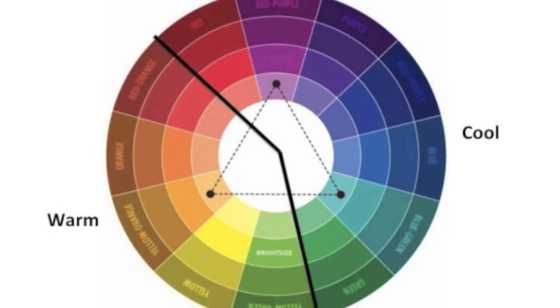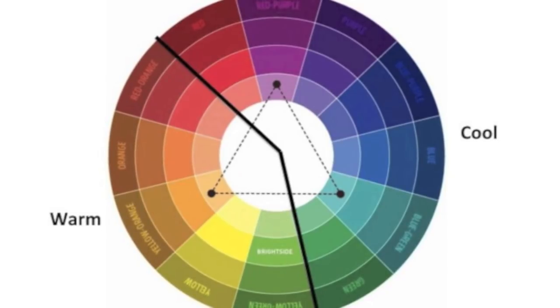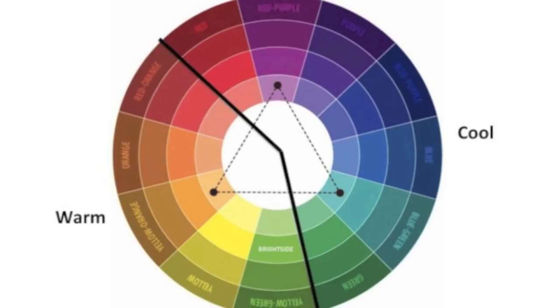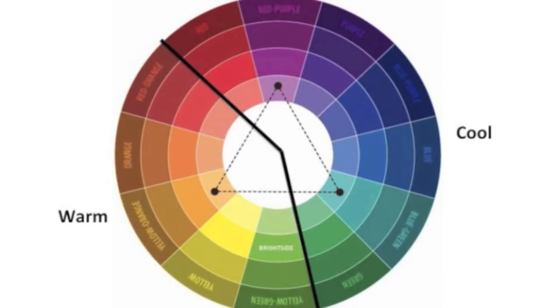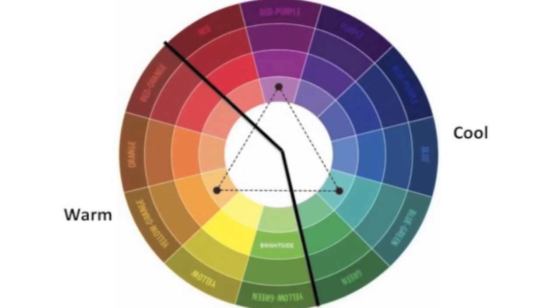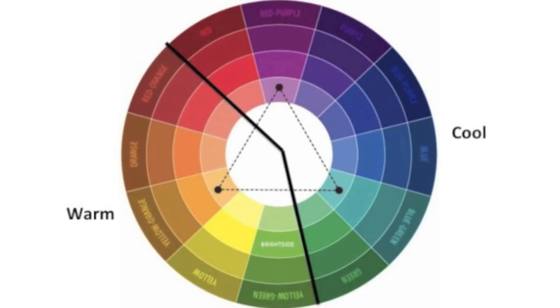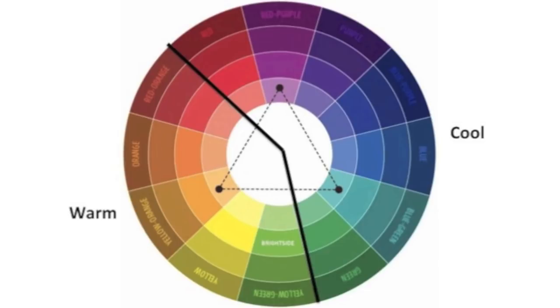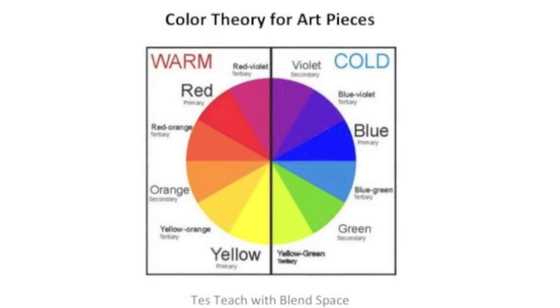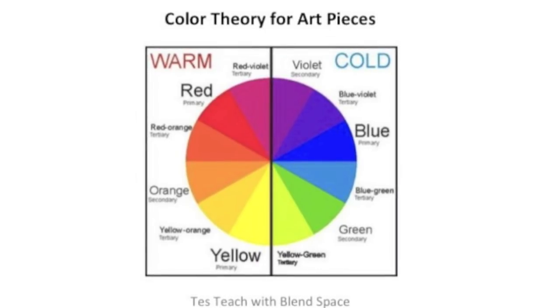So usually red is considered warm and magenta is also considered warm, but this is how I would personally split the color wheel, both in terms of color theory and color analysis, into warm and cool. But the way that it's widely taught is to split it halfway through like this, and you can see that red, violet, and magenta are considered to be warm colors. Those colors are more dynamic and they're considered to be brighter.